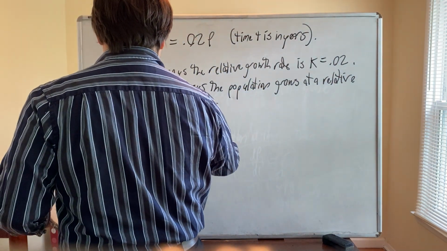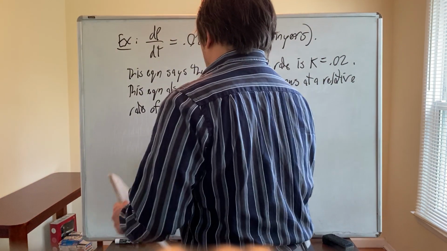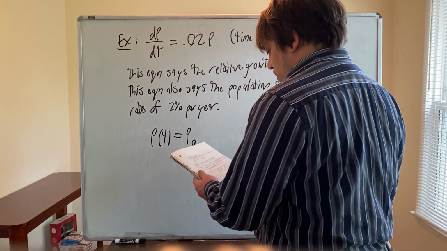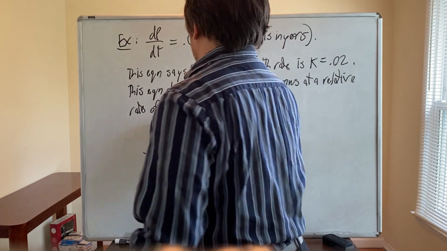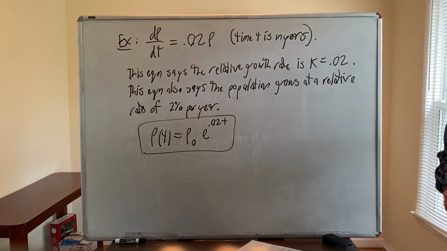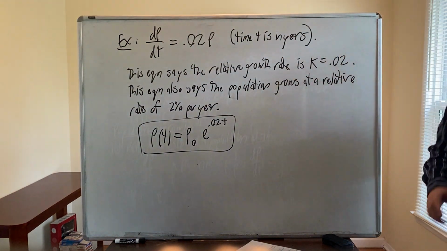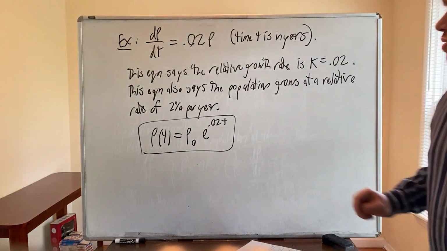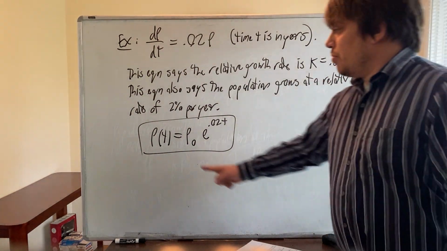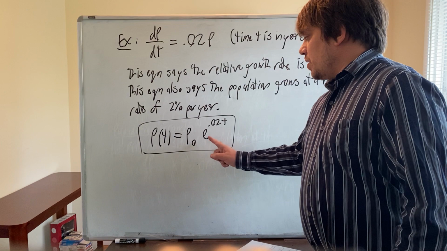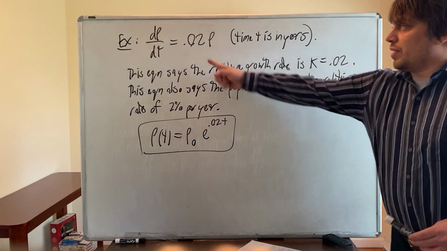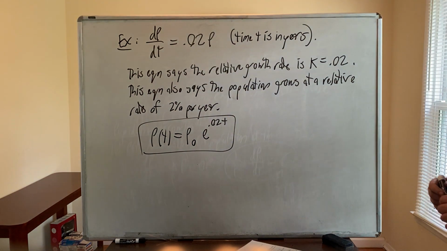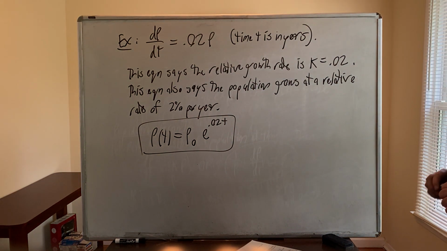So the solution P of t to this equation is P naught, which is the initial value of the population, times e to the 0.02t. That is the exponential function that satisfies that differential equation. P of t equals P of 0, or P naught, times e to the kt, where k is given by 0.02.